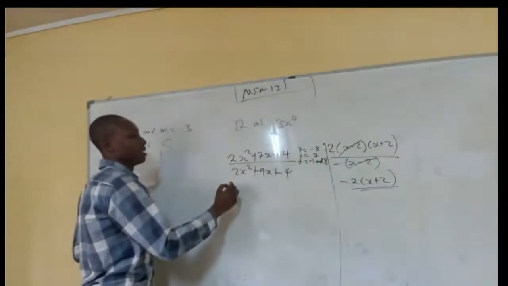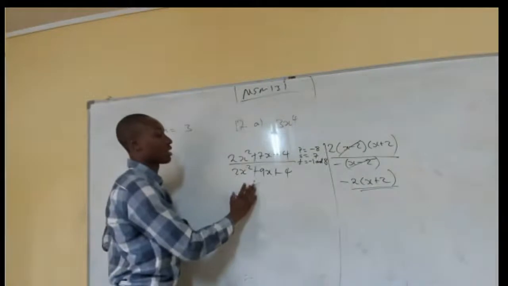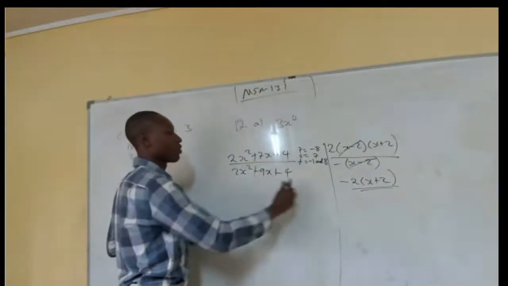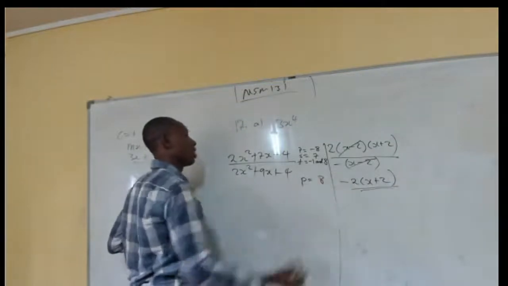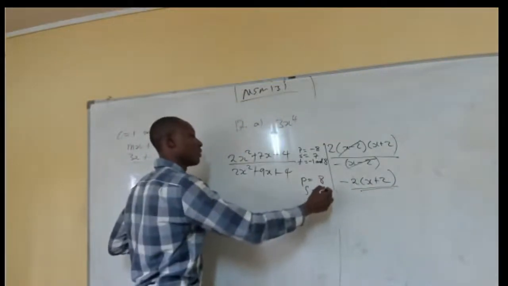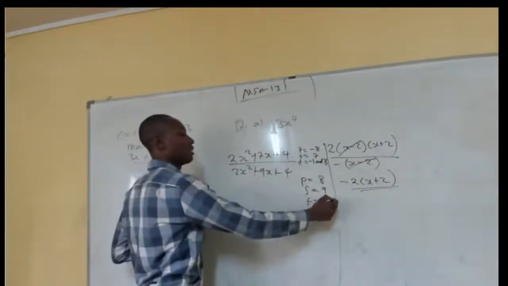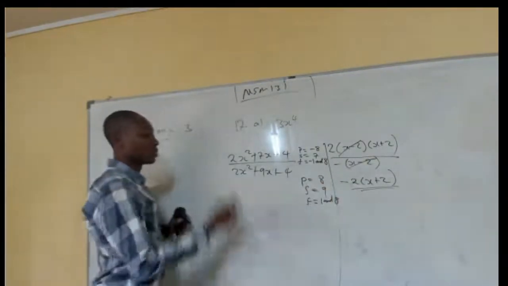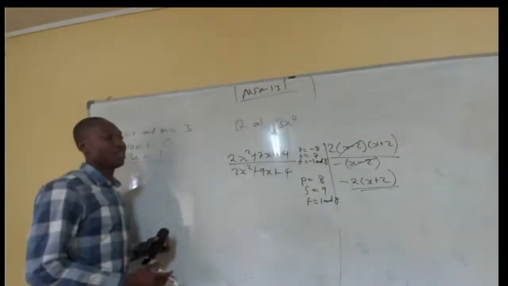Then for the denominator, the product is 8 and the sum is 9, okay? So the factors again are 1 and 8, right? Because if you multiply 1 times 8, that's 8. If you add 1 plus 8, that's 9.